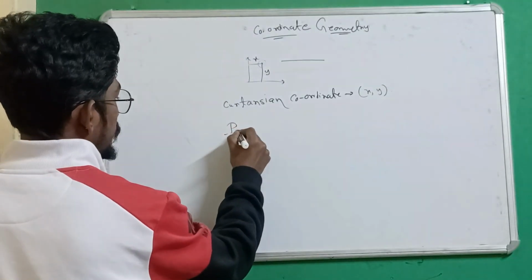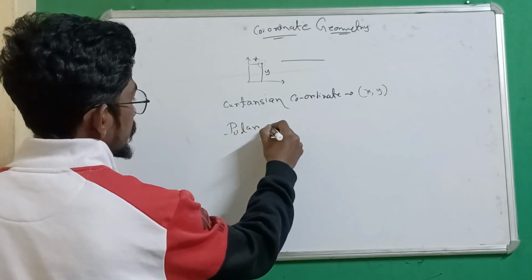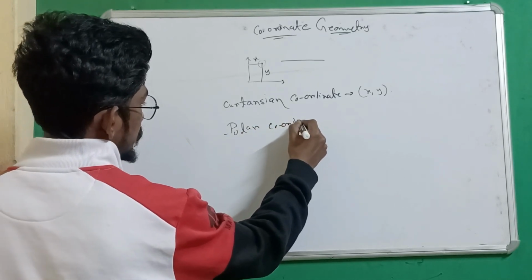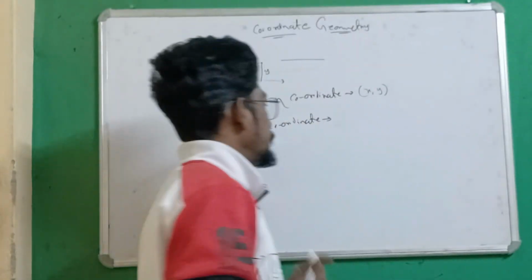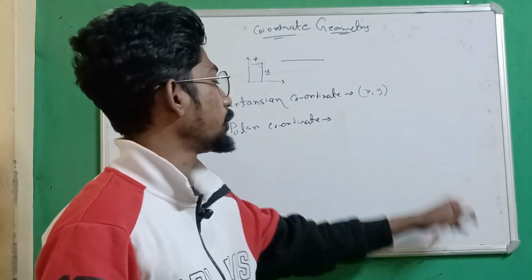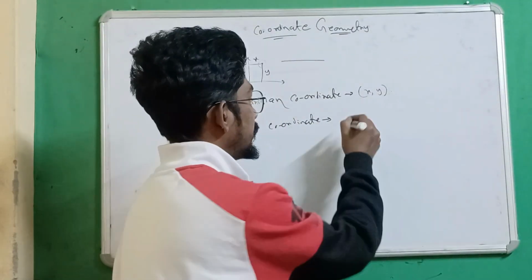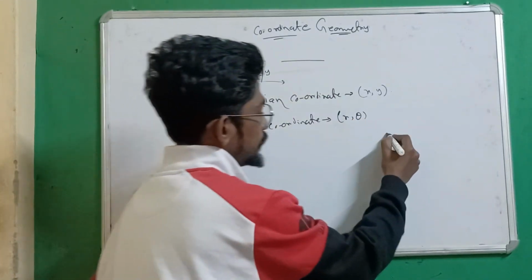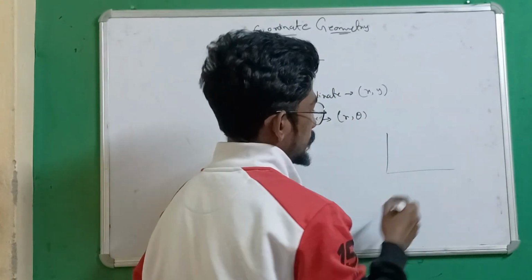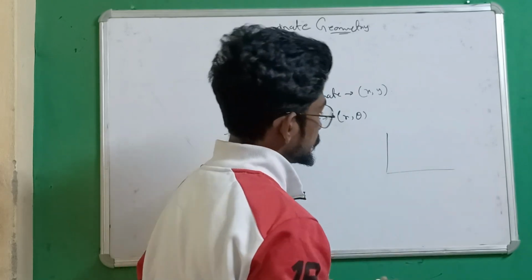Then comes the polar coordinate. This is very necessary in vector algebra. The polar coordinate is written as r theta. What is r? If you see, this is a point.